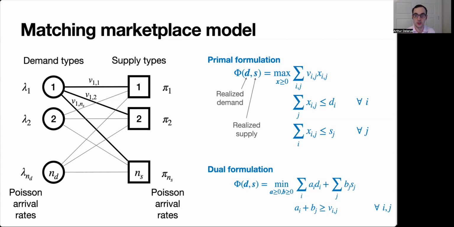In the primal formulation, the decision variables are these x_ij's that say how many units of demand type I are matched to supply units of type J. And in the dual, the decision variables are marginal values or shadow prices of each type of demand and each type of supply. These shadow prices, or dual variables, capture the interesting properties of the structure of the marketplace and the structure of the optimal solution.